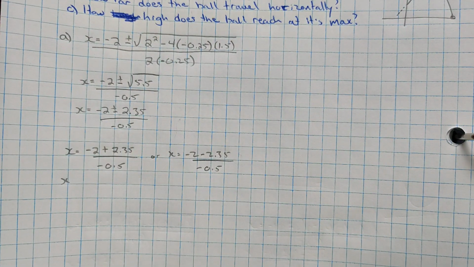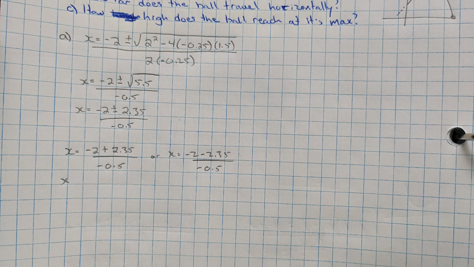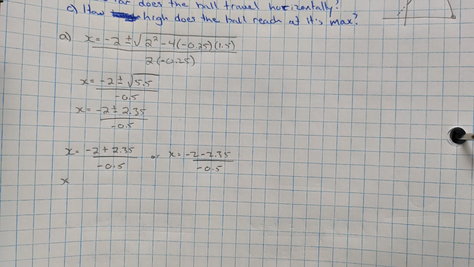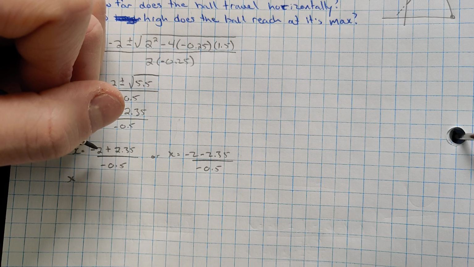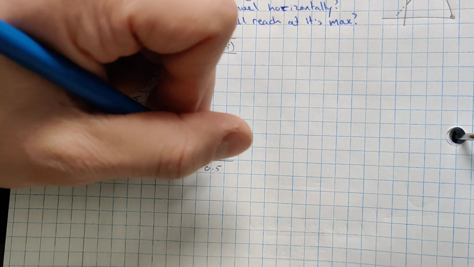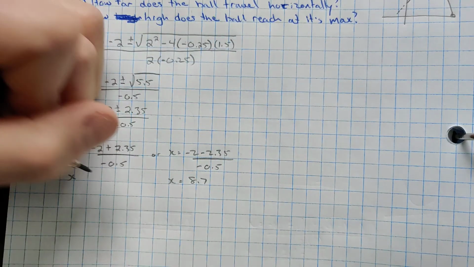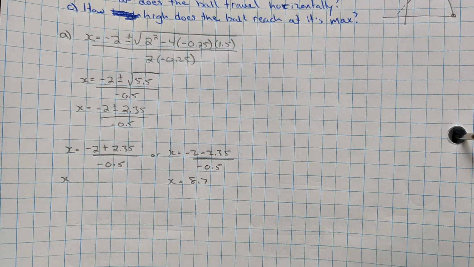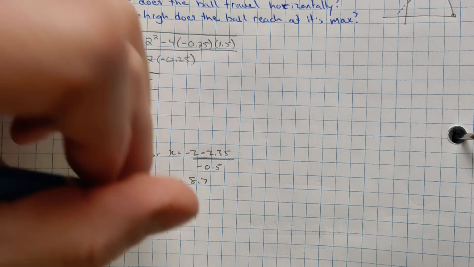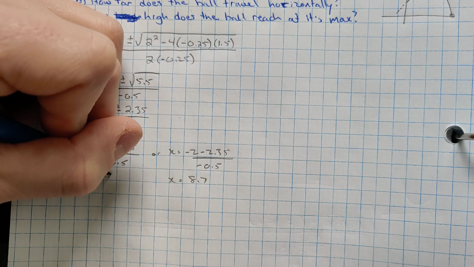What we're going to get is 8.7 and then negative 0.7.